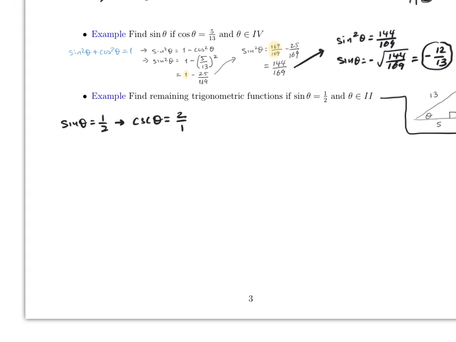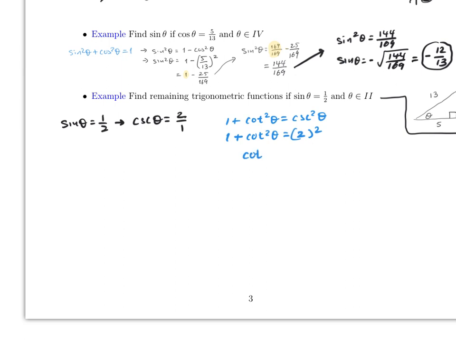And therefore, remember that you have a Pythagorean identity that says the following: 1 plus cotangent squared theta is equal to cosecant squared theta. So therefore, if we use this identity, 1 plus cotangent squared theta should be cosecant squared. But cosecant is 2, so it should be 2 squared.